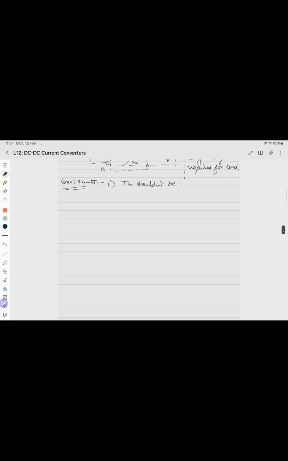So the constraints are: IN shouldn't be open circuited, even momentarily. Second, the capacitor shouldn't be short circuited, even momentarily.